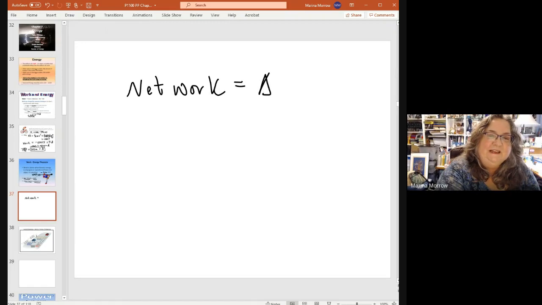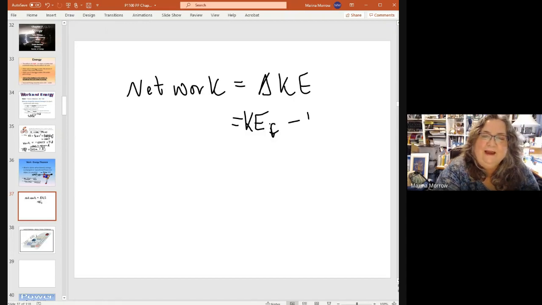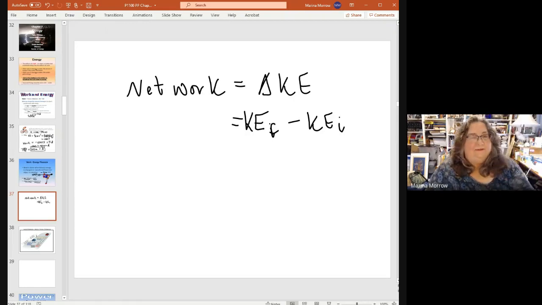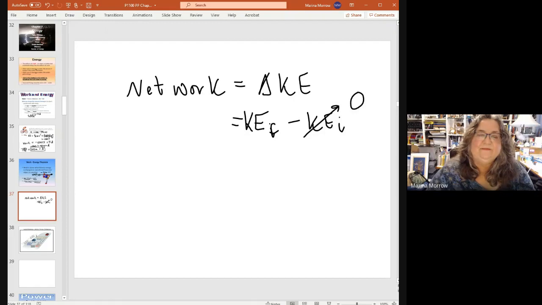The change in the kinetic energy is the kinetic energy final, minus the kinetic energy initial. Now, this ball didn't start out with any kinetic energy, so we can make that into 0.